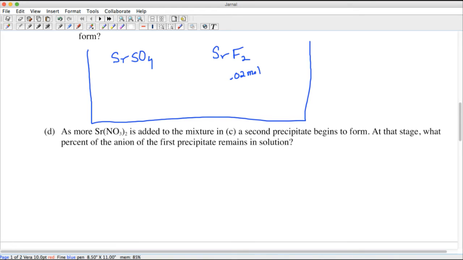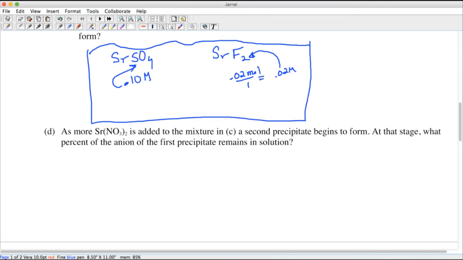Now they're all in 1 liter, so you can see that that's going to give me a 0.02 molar solution of F negative ions total. And then the strontium ions, they said there was 0.1, and that was moles over liter, but same idea. Okay, so that was dissolved in a beaker.